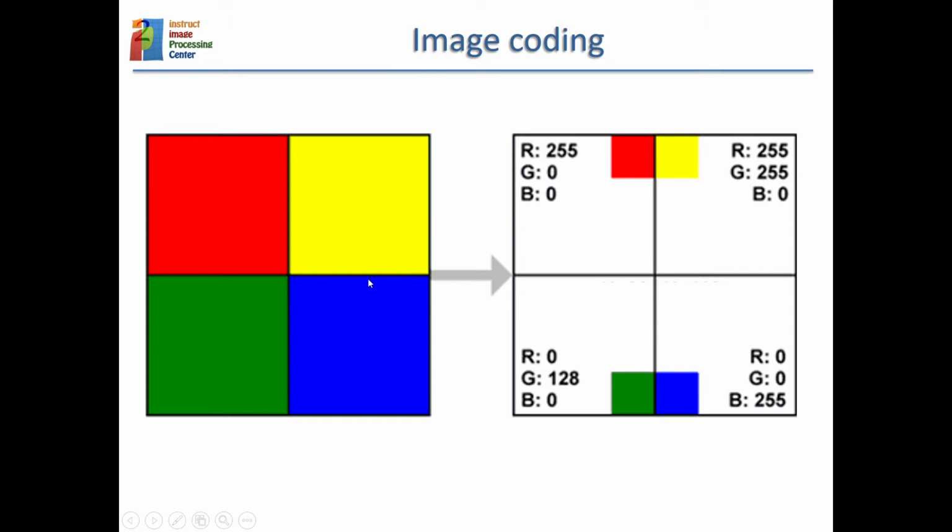And we would do the same if we want to express a blue pixel. You would put blue to 255 and the other two channels to 0. Then let's say that you want to express a green pixel, but it is not the greenest that you can ever have. So you put a value that goes from 0 to 255, let's say just in the middle, 128.